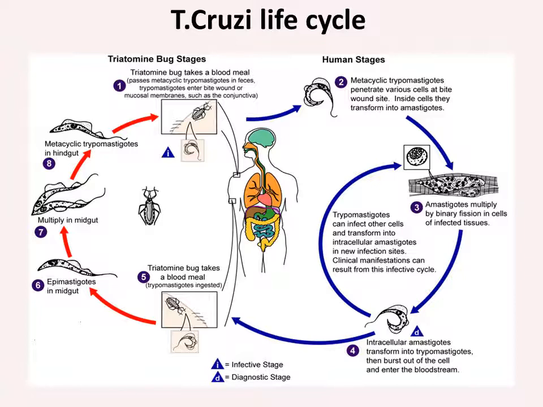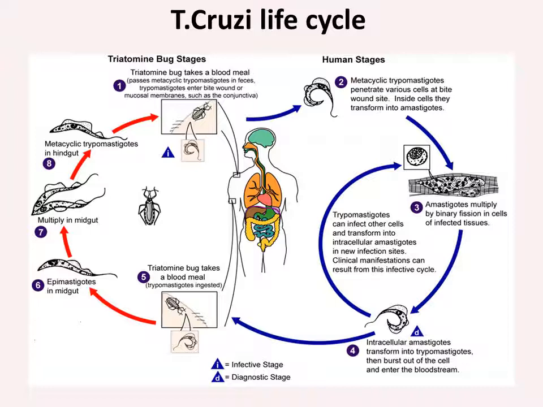When the bug bites again, the site is contaminated with feces containing trypomastigotes. As the host scratches the bite area, the trypomastigotes gain entry into the host.